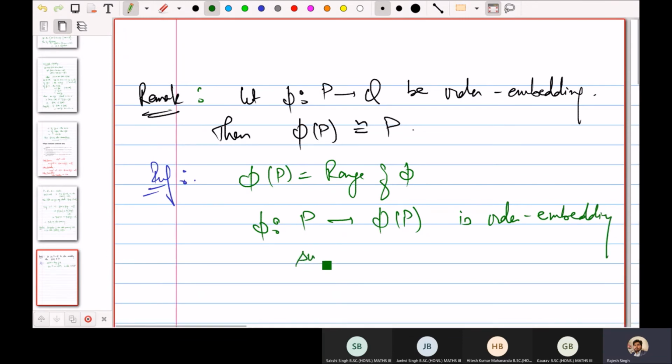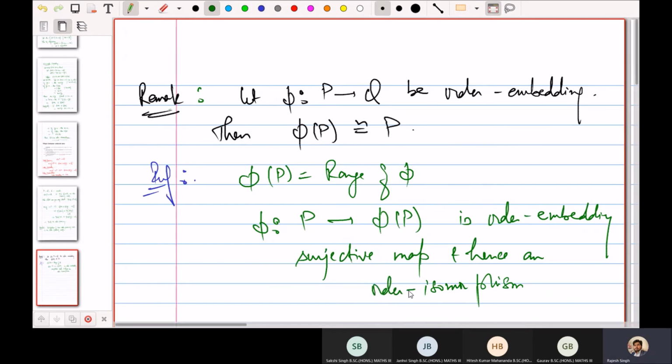Order embedding surjective map and hence an isomorphism. ठीक है, अपने आप ही हो गया, क्योंकि ऑर्डर एम्बेडिंग दिया हुआ है हमें और हमने अपनी रेंज को ले लिया ना. Instead of taking the full codomain we are taking the range. ठीक है, so रेंज को भी वो कर लिया हमने, so तब अपने आप onto हो गया. ठीक है, so it is an isomorphism, order isomorphism. क्लियर?